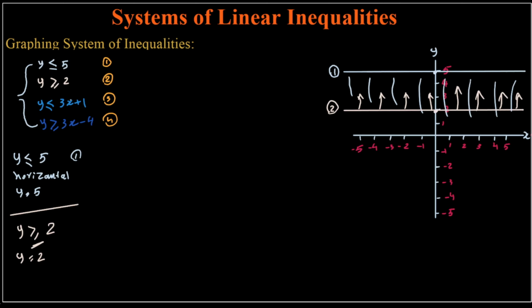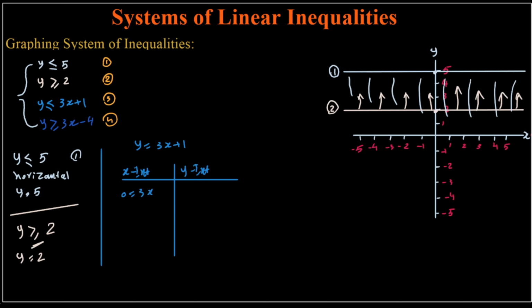What about the third one? How can we find the graph of the third one? As I mentioned, we have to change the inequality sign to an equal sign because we have to find the x and y intercept through y = 3x + 1. This is x intercept and this is y intercept. In x intercept, always y is 0, so 0 equals 3x plus 1.